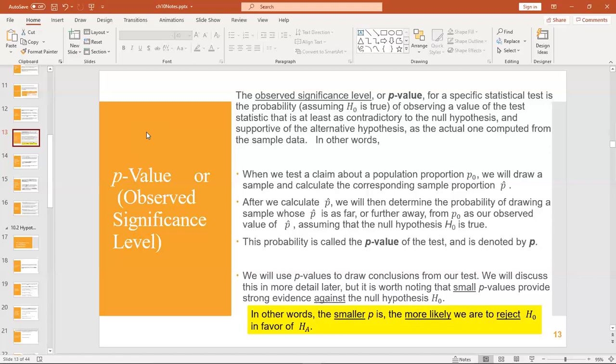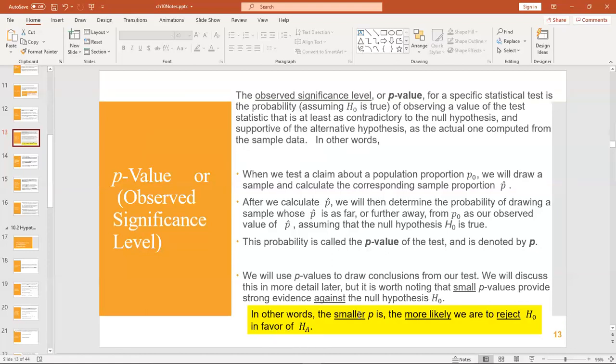Because that probability is low, you're going to reject your null hypothesis, because that's clearly not a good frame of reference for where the standard range should be, since you've gotten a value way over here. You should not be having a value that low based on where you think the population mean or proportion is actually located. So the smaller p is, the more likely we are to reject H0 in favor of HA.